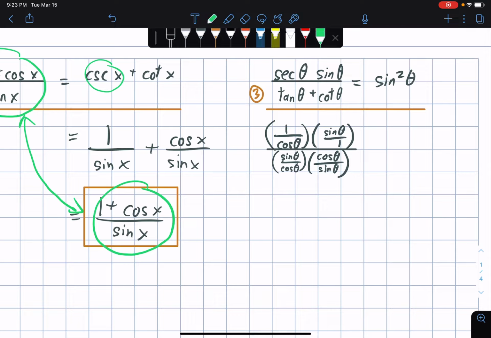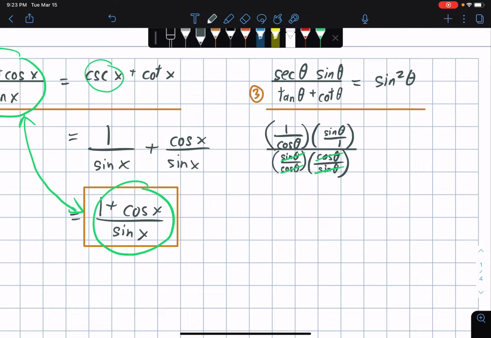So they basically cancel each other out, as you can see there. So we don't have to simplify the complex fraction anymore because it's quite understood that the denominator is 1.